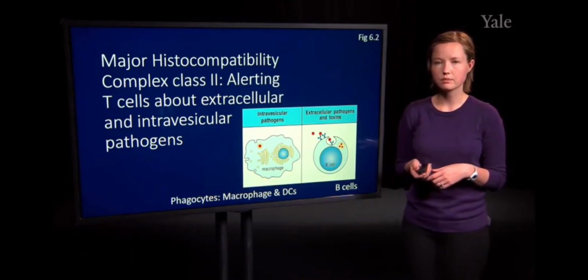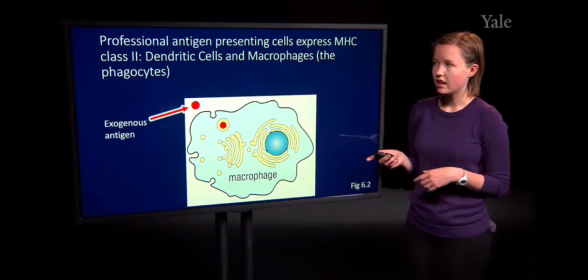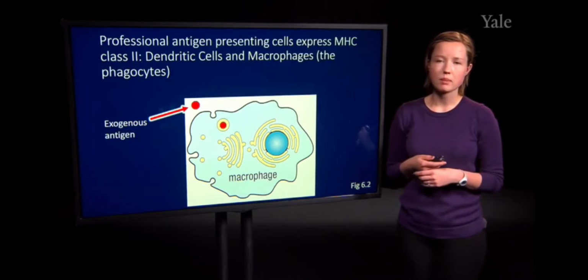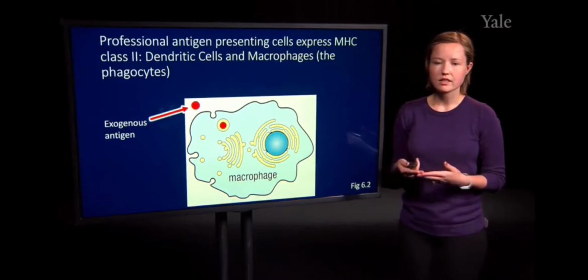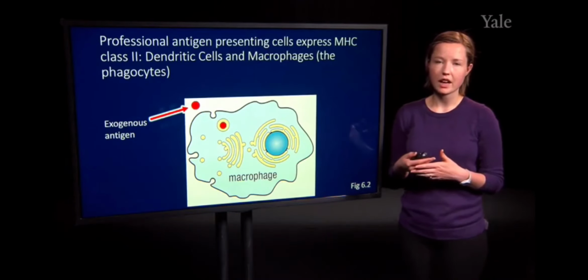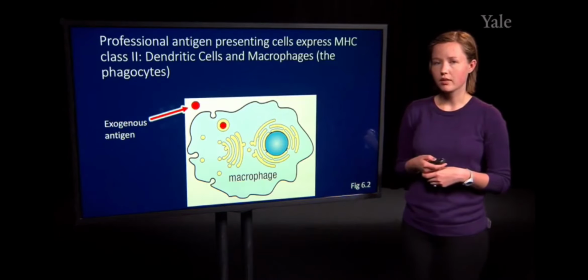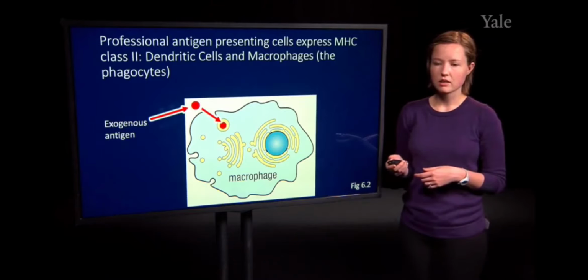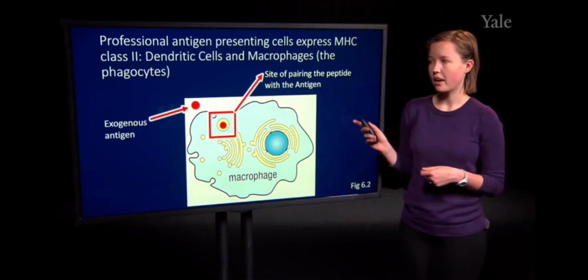So, as mentioned previously, MHC class 2 is responsible for the immune response against exogenous pathogens and exogenous antigens. So this is particularly relevant for phagocytes, which can take up exogenous antigens into their vesicles. And this will actually be the site of pairing the peptide with the antigen, as we will come to see.